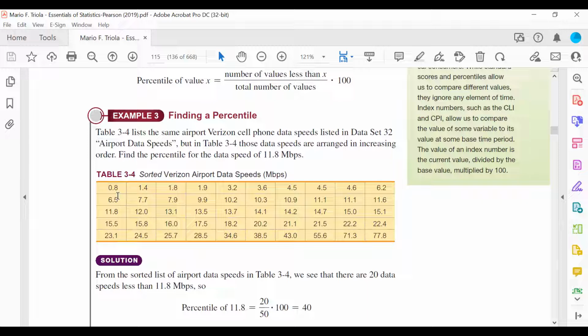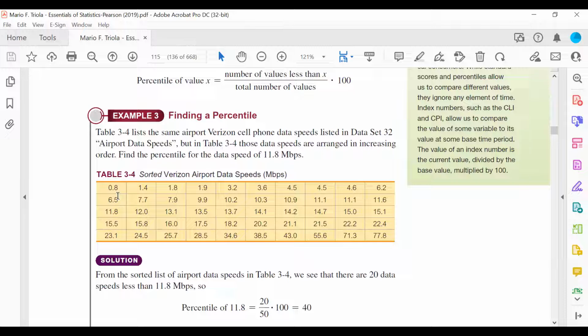Notice that the data are in order, row by row, from top row to bottom. So they're already sorted for you. If I'm asked to find a percentile, you have to pick a number that's within the data set box.